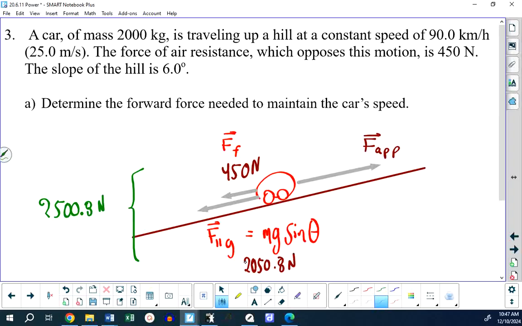My addition's correct there, isn't it? That's the total resisting force, but I'm maintaining a constant speed by applying a certain amount of gas, and that means that this applied force forward must be 2,500.8 newtons.